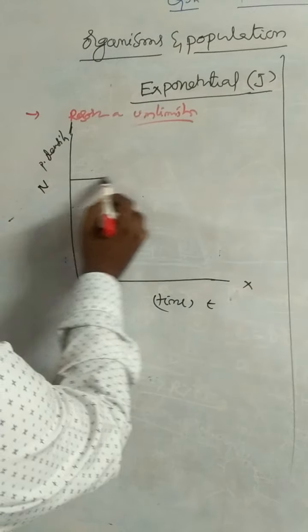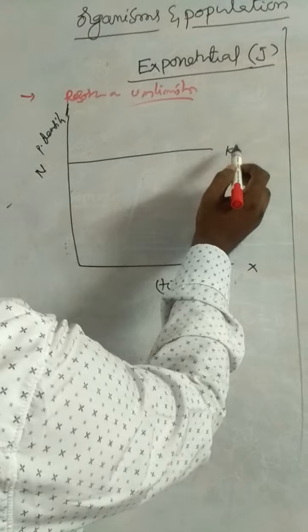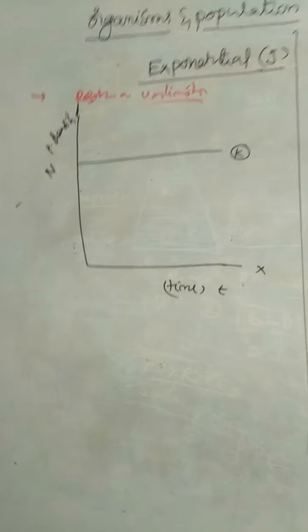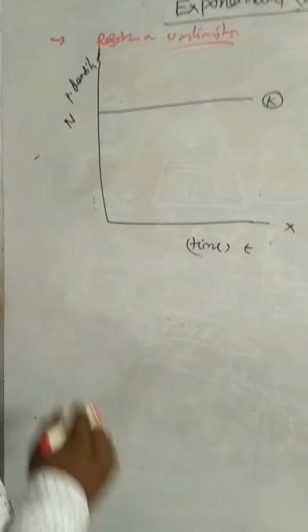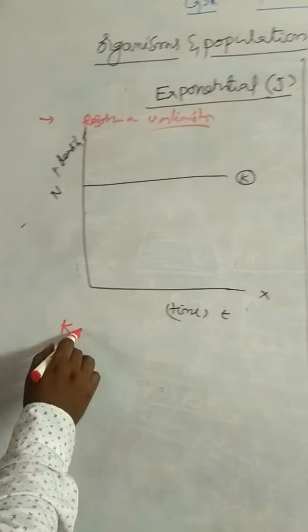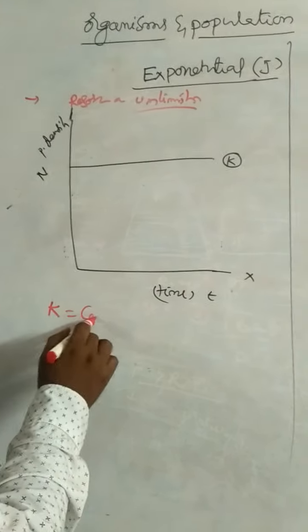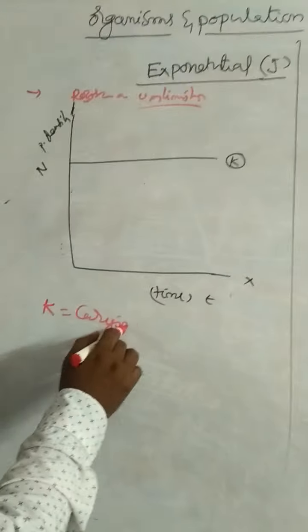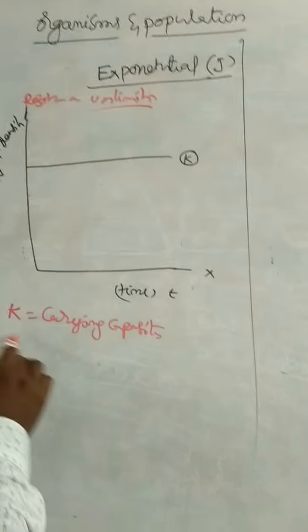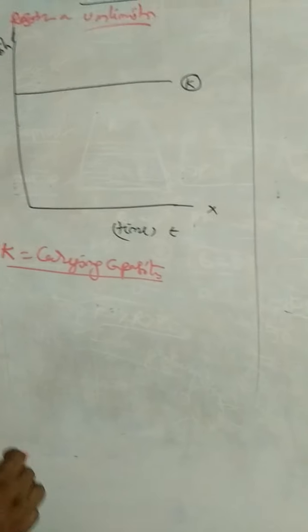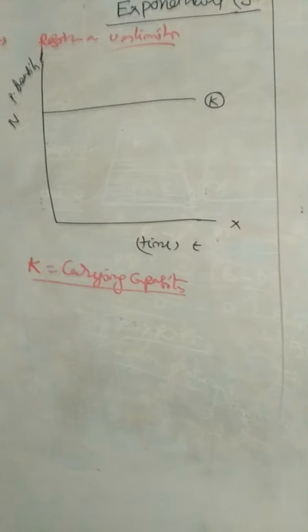This is carrying capacity, the maximum number of individuals present in a particular habitat. What is carrying capacity? Maximum number of individuals present in a particular habitat. That maximum number is called carrying capacity.